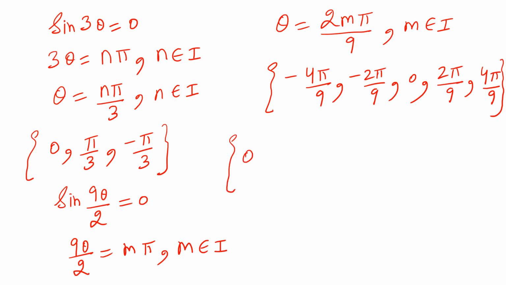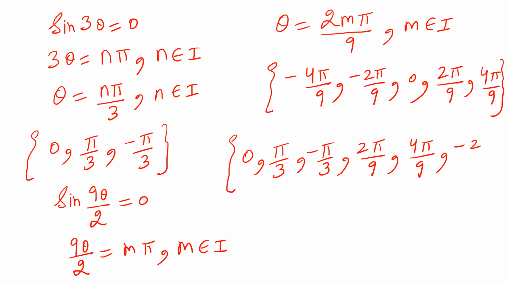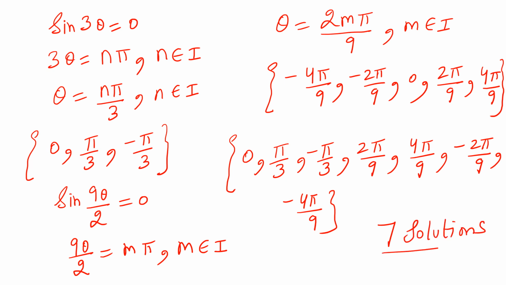So hence this is the complete set of the solutions: 0, pi upon 3, minus pi upon 3, 2 pi upon 9, 4 pi upon 9, minus 2 pi upon 9 and minus 4 pi upon 9. So that means there are total 7 solutions, and hence option A is the correct one.